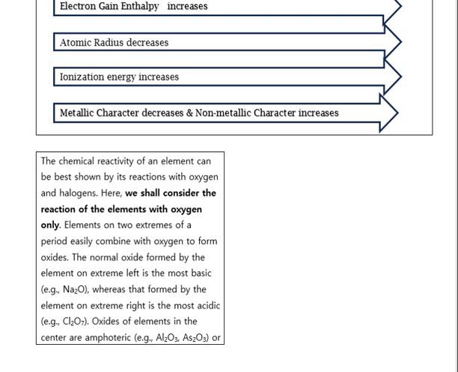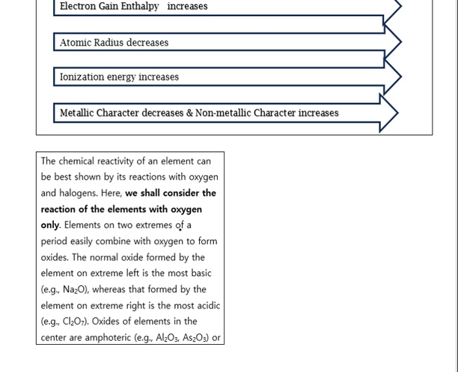Now last, the chemical reactivity of an element can be best shown by its reaction with oxygen and halogen. Here we shall consider the reaction of elements with oxygen only. By considering the reaction with oxygen, we can understand the reactivity as well as the valence of elements.